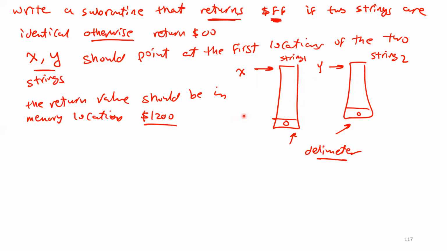Makes sense, right? Two strings are identical if all elements are identical, so for sure they should have the same length as well, right? If I can find one element that does not equal this element, what should I do? Just leave. I'm done, so they are not equal, right?